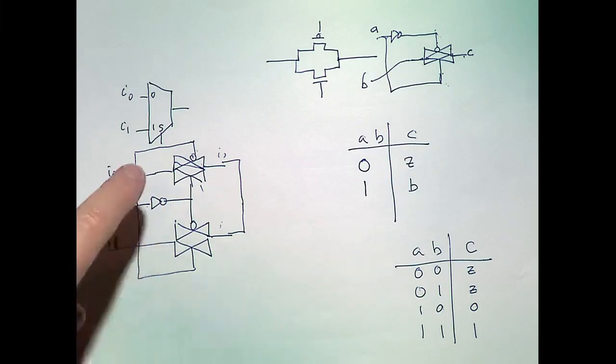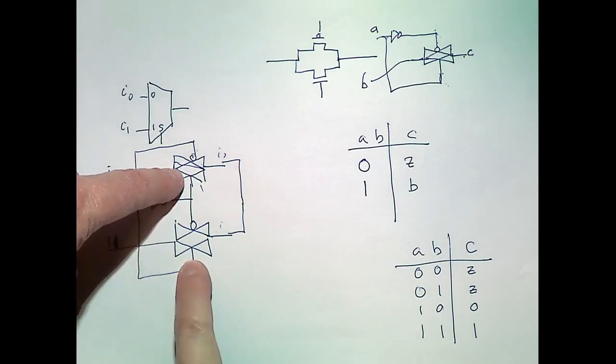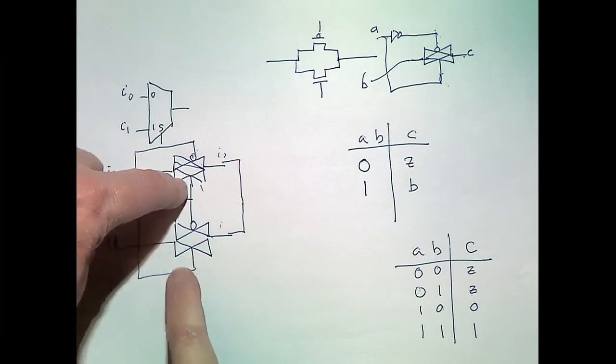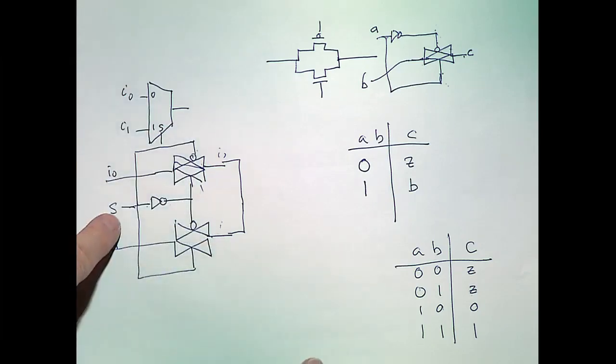But in this case, we promise never to turn more than one of these on at a time. In fact, one or the other will be on all the time, because one of them is controlled by S and one of them is controlled by S bar. So that's kind of a lower level than the logic, below the level of the NOT and OR gates that we started with. And there are things you can do at the level below that you can't do if we confine ourselves to just the Boolean operators.